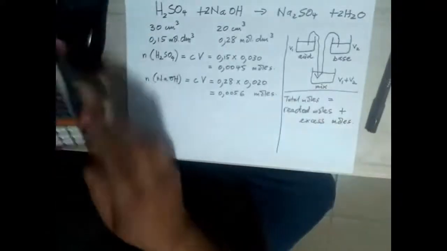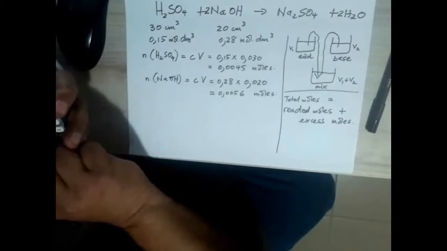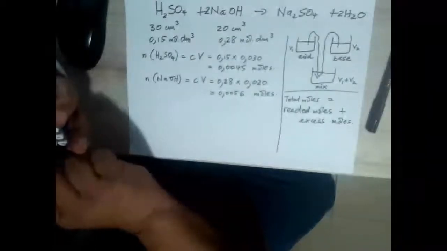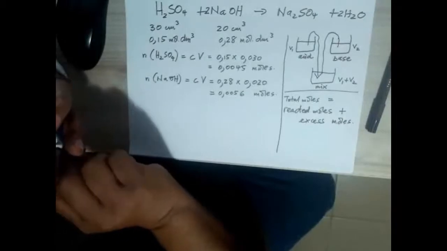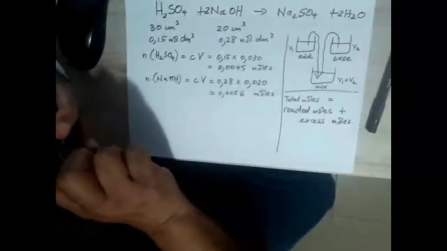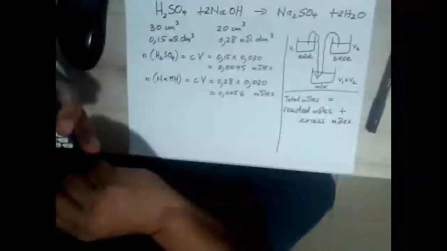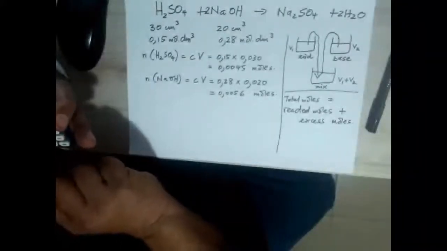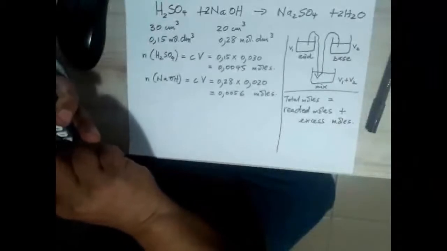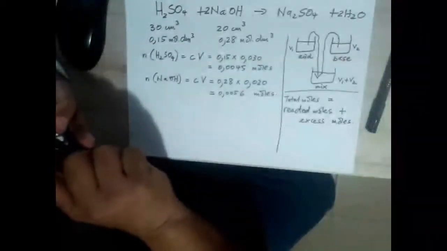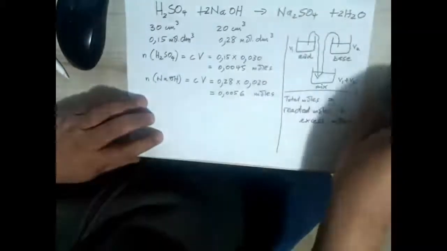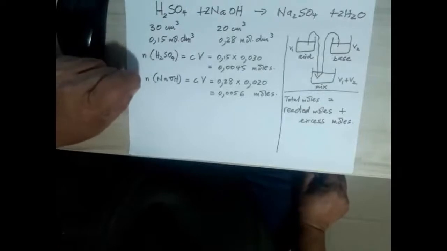I did that mentally, so let me just double check on my calculator. 0.28, sorry, multiplied by 0.020, and yeah, 0.0056. So now we've got the moles of sulfuric acid and we've got the moles of the sodium hydroxide.